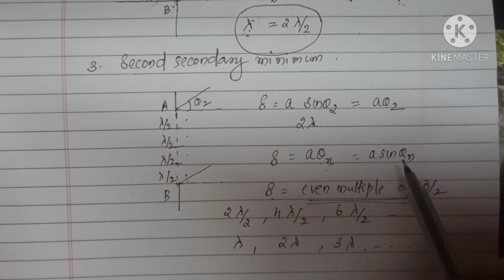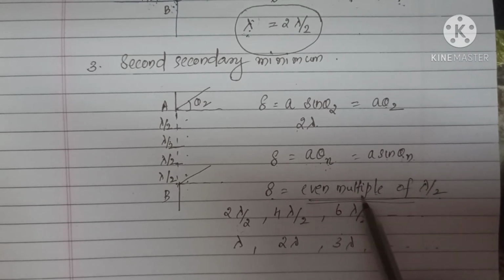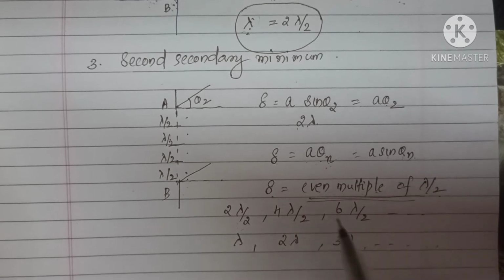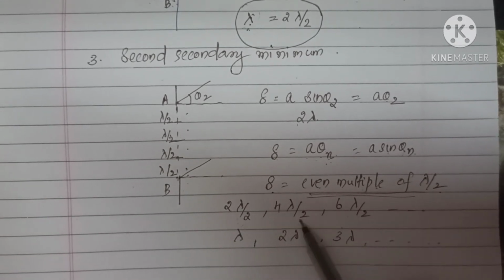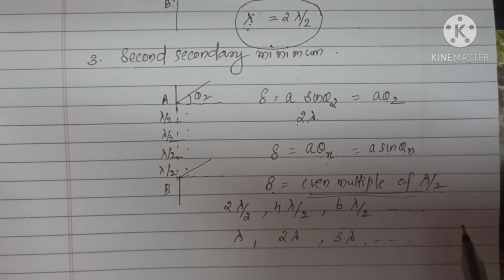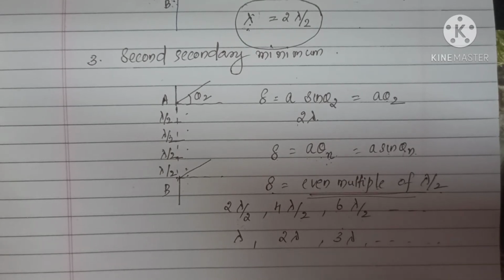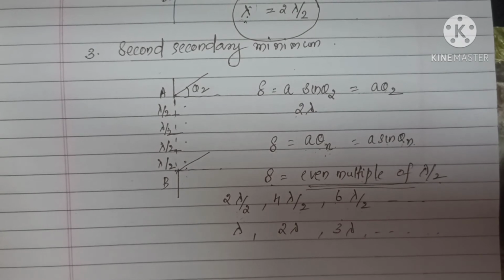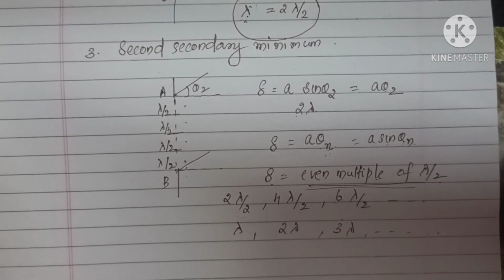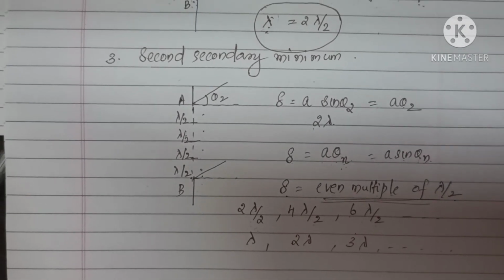So the general expression you can take is the even multiple of lambda by 2, that is 2 lambda by 2, 4 lambda by 2, 6 lambda by 2, like that it will go up to the nth minimum. Understood? Okay, now we will move to the secondary maxima, the explanation given for secondary maxima.